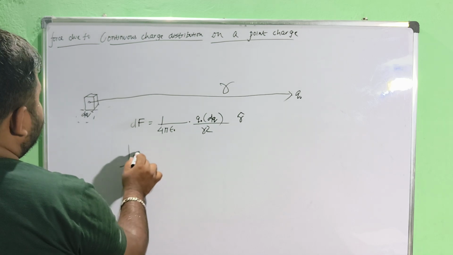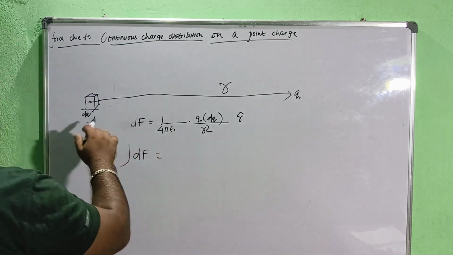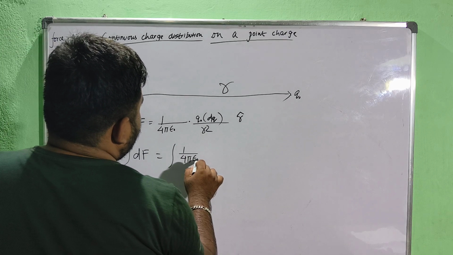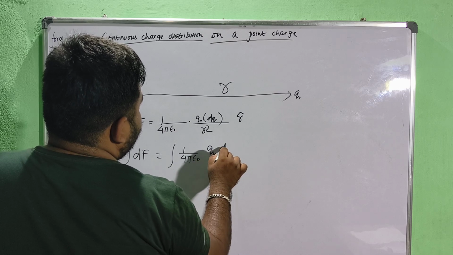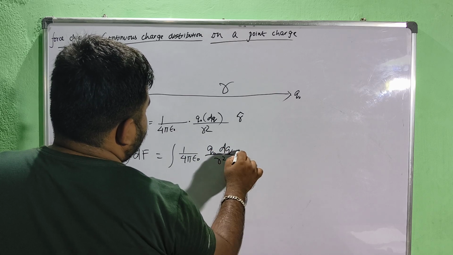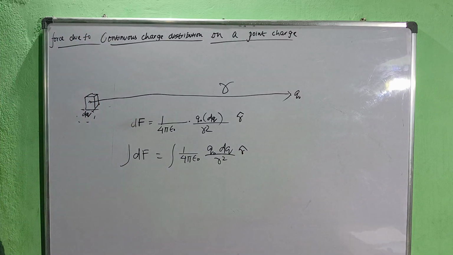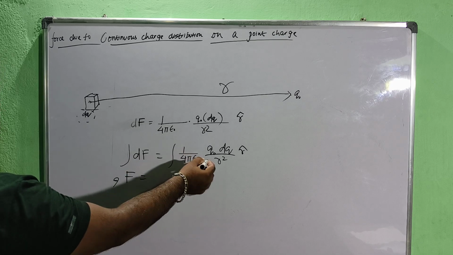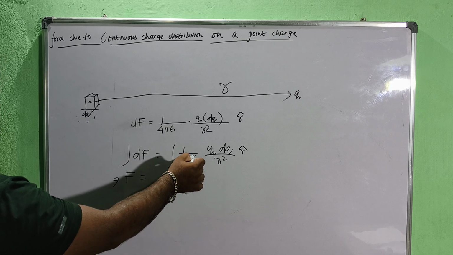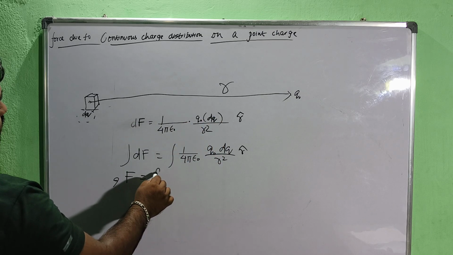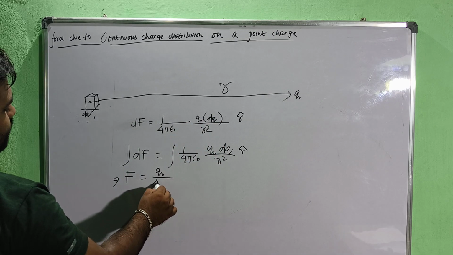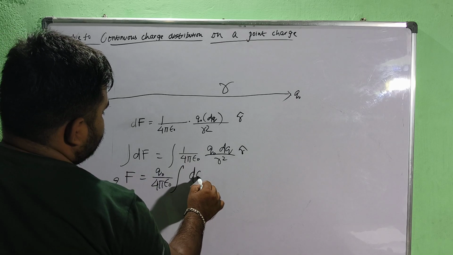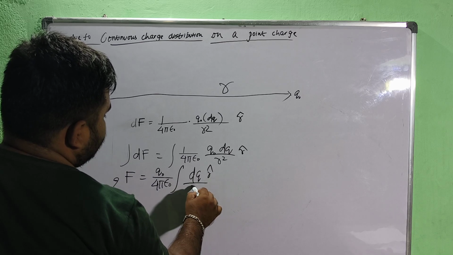When you integrate df on the left side and integrate the right side, 1 upon 4 pi epsilon naught, Q naught dq upon r square r cap, it will give you F. You just take out the constant terms. Q naught by 4 pi epsilon naught is constant here, leaving the integral of dq r cap by r square.